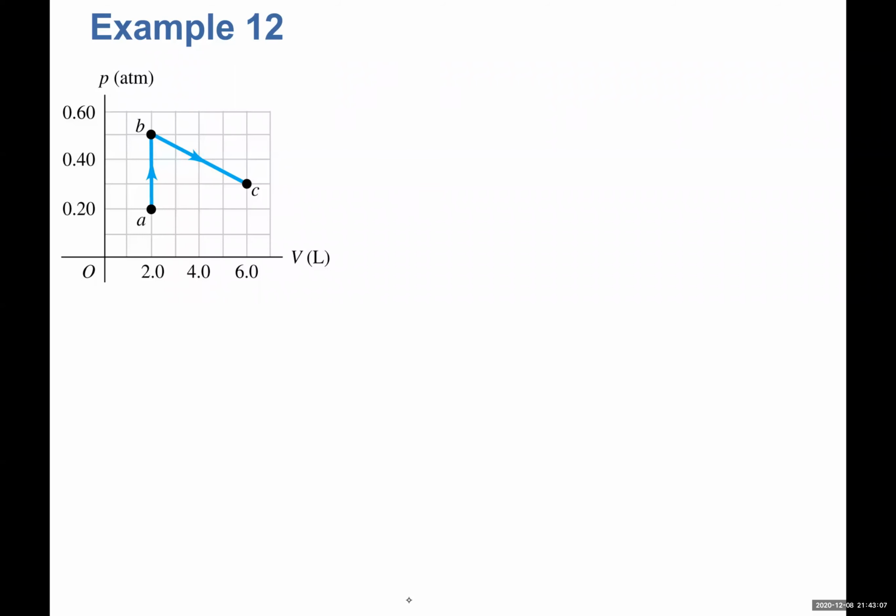All right, so what we do here, we can say the work done is equal to 1/2 times 0.5 ATM plus 0.3 ATM, then times the change in volume.